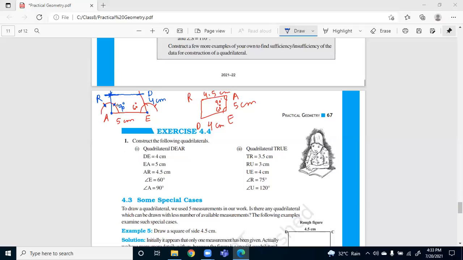And what about, have you cut that 90 degree ray to 4.5 centimeter to get R? No, ma'am. Actually, I am not done. Yeah. So you have to cut that 90 degree ray to 4.5 centimeter because AR is given as 4.5 centimeter. Yes, ma'am. Done. So completed, then you will be getting R and D in the diagram itself. Then after that, you have to join these 2 points, R and D. Okay, ma'am.